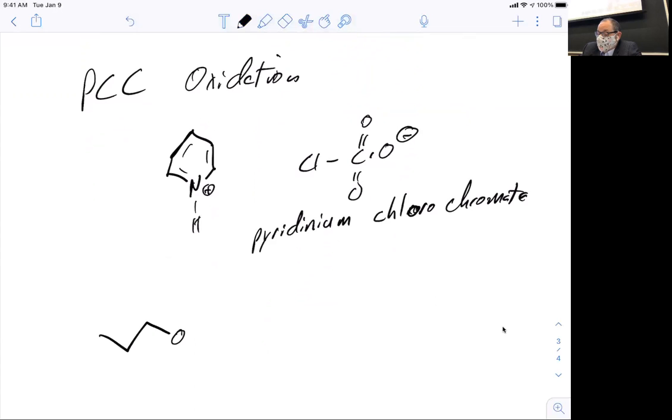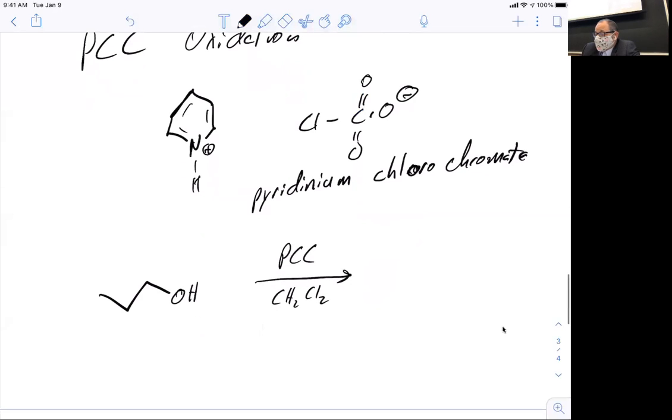For this one, we can use this PCC reagent in a solvent that we can keep dry. Right? So something like methylene chloride, if they don't show methylene chloride, that's okay. But the reason it's showing methylene chloride is not that it's part of the reaction, but that it signifies a dry solvent. A dry solvent means without water. And that can stop at the aldehyde.